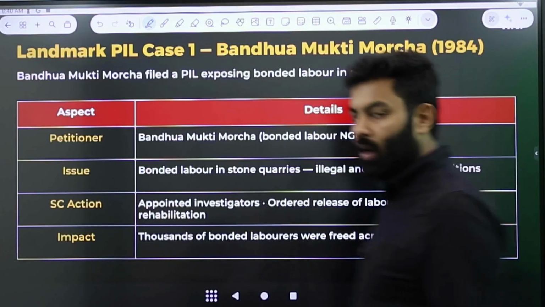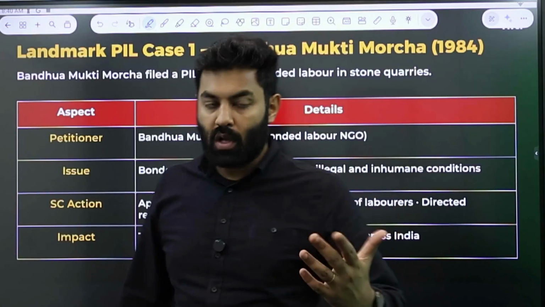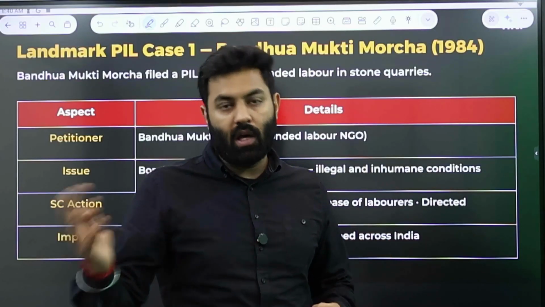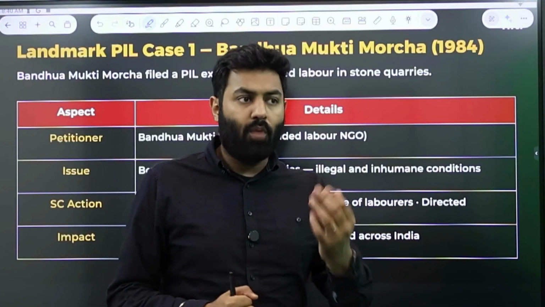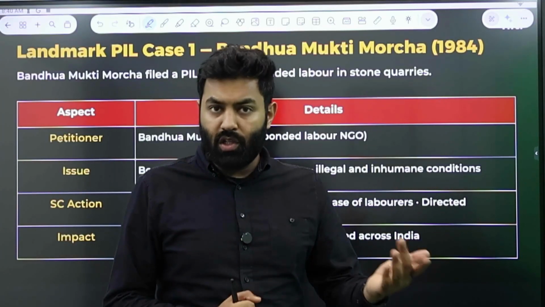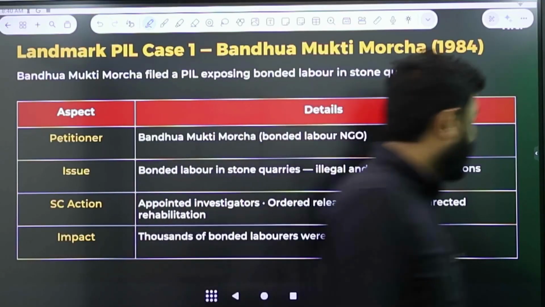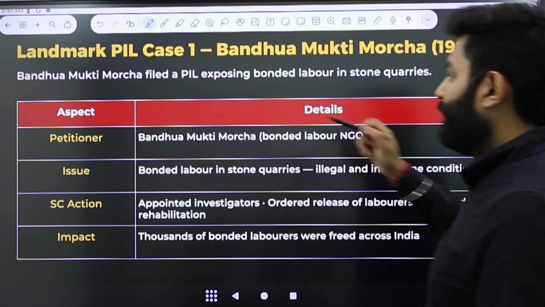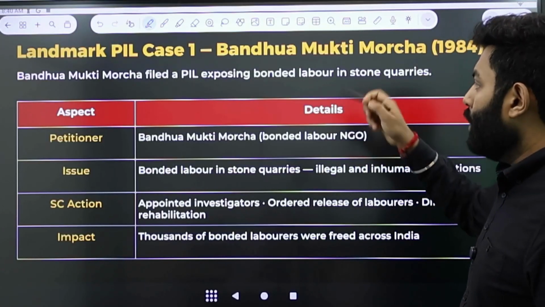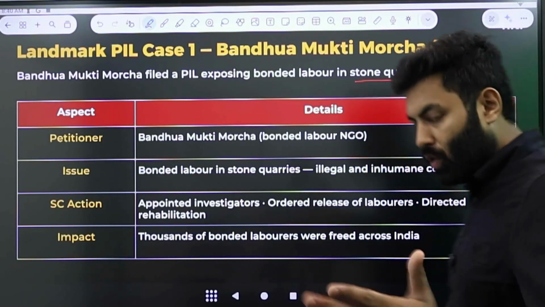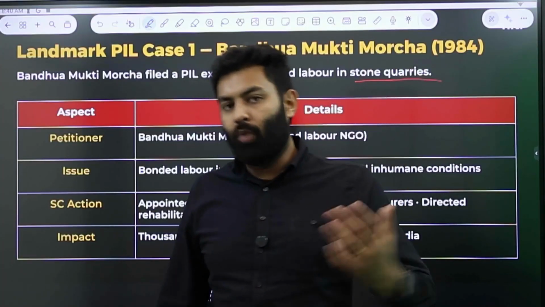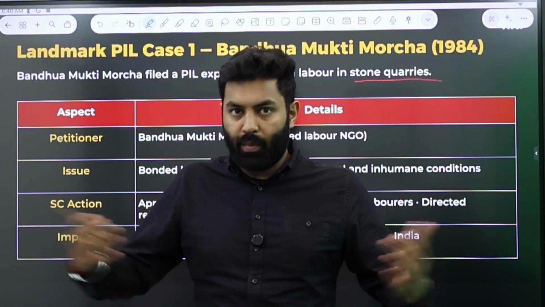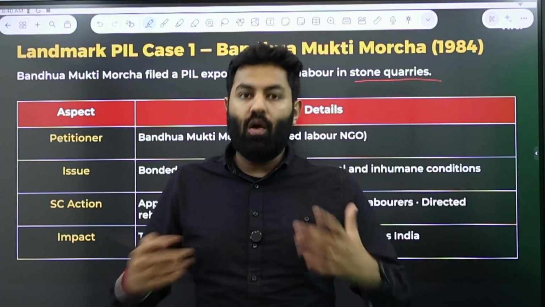You must have heard the term Bandhua Mazdoor, someone who works as a laborer but never gets his or her rights, proper income, proper working conditions, proper working hours, right? In this case of 1984, the Bandhua Mukti Morcha filed a PIL exposing bonded laborers in stone quarries. These stone quarries used to have bonded laborers. The laborers were not allowed to leave the premises. They were not allowed to speak for themselves.